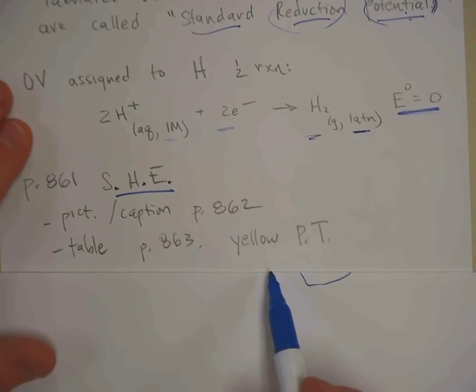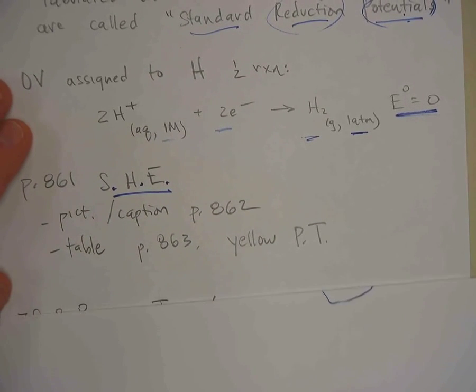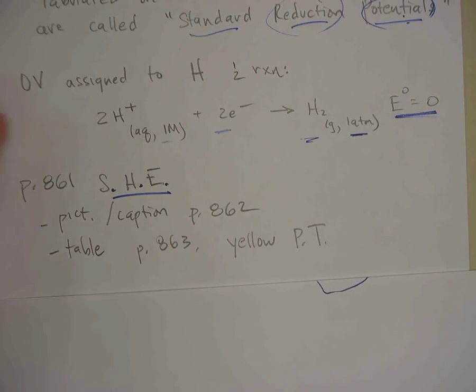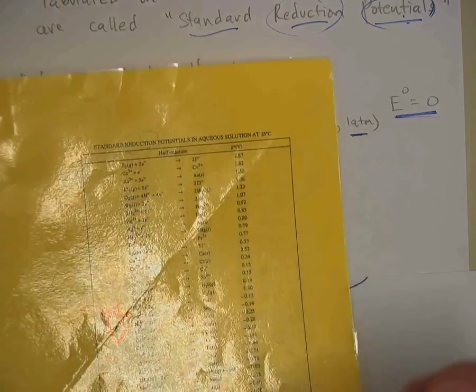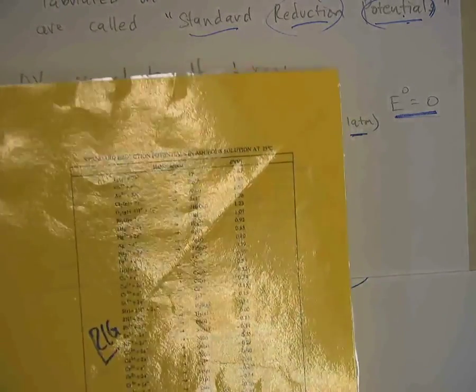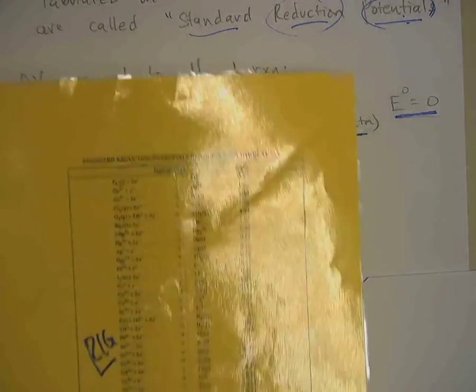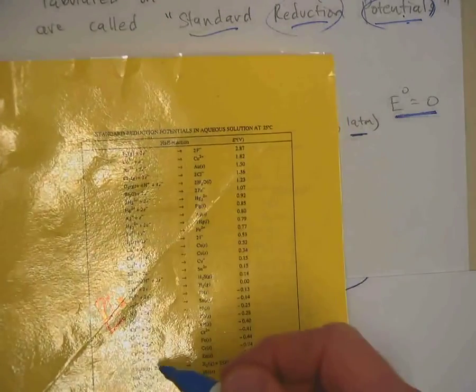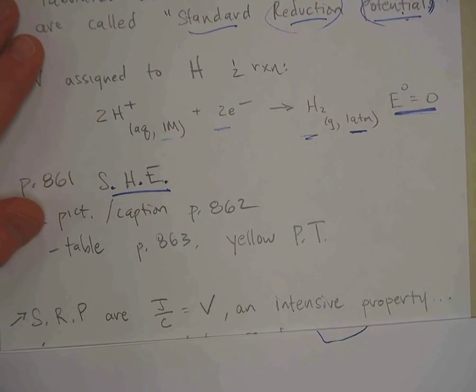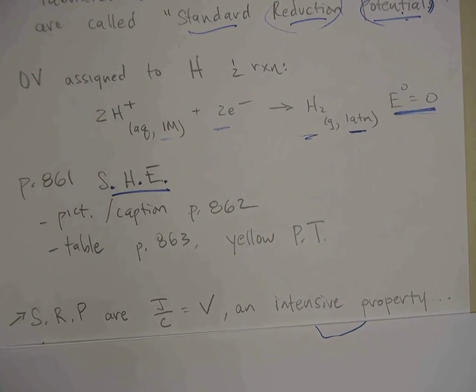Since the hydrogen electrode is assigned a 0 voltage, we can use it along with all the other standard reduction potentials to calculate the EMF, or the cell voltage, of any combination of half reactions. One last thing about these, though: the standard reduction potentials are in joules per coulomb, or volts.